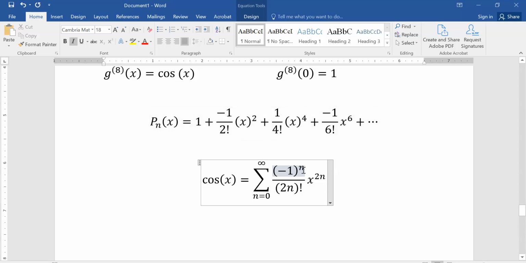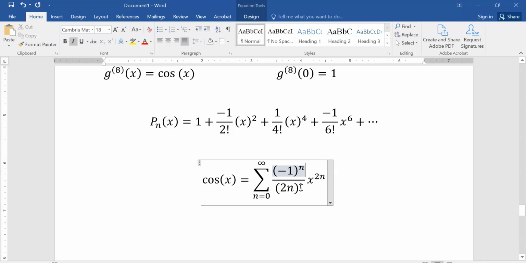If you plug in a 0, you get negative 1 to the 0th power, which starts as a positive 1. And then here, I'd plug in n equals 1. You'd get negative 1 over 2 factorial times x squared. That's exactly what we want. So I want to do negative 1 to the n over 2n factorial times x to the 2n.